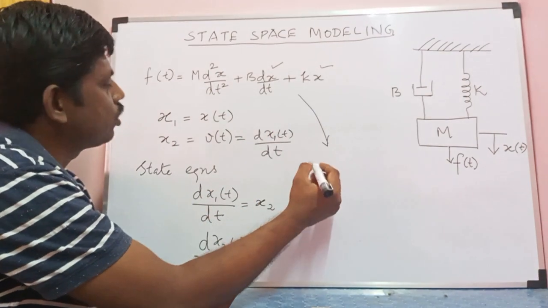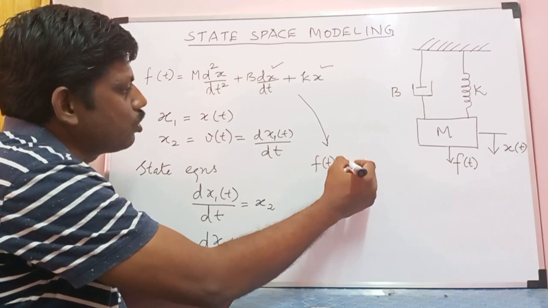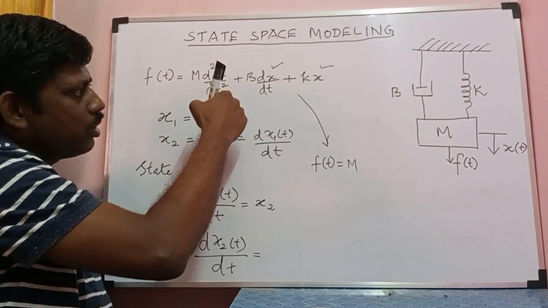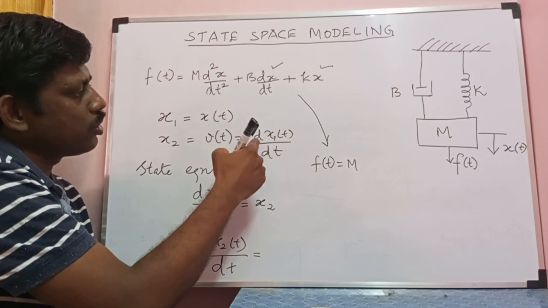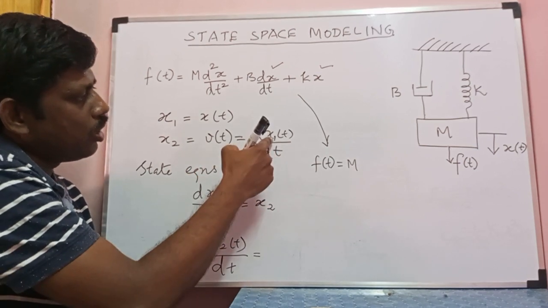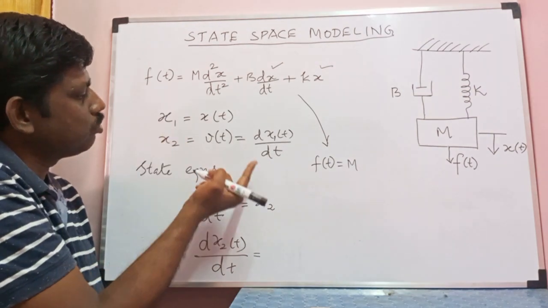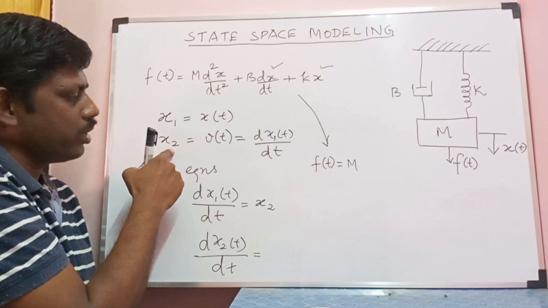What I can do is this, I'll rewrite this equation as f of t is equal to m times d square x by dt square. This d square x by dt square is d square x1 by dt square. dx1 by dt is nothing but x dot, otherwise dx2 by dt.